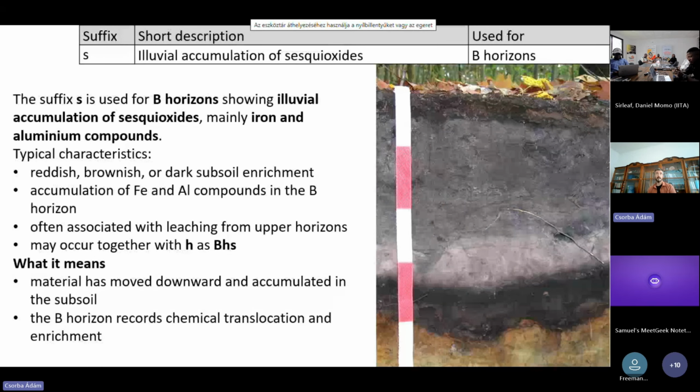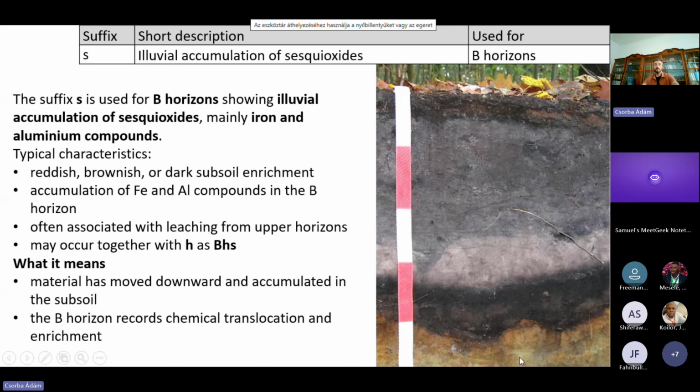They are iron and aluminum compounds in the soil, and the alluvial accumulation of sesquioxides typically shows reddish, brownish layers deep in the soil, so in the subsoil, usually in the B horizons. This is usually associated with leaching from the upper horizons, and usually they go together with the H index.